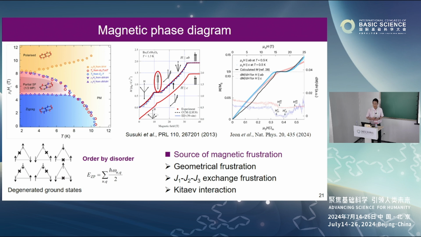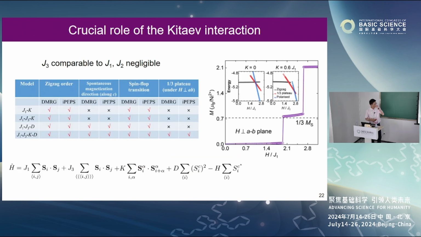And since we did a lot of work on alpha-RuCl3, we are familiar with Kitaev interaction. We know that Kitaev interaction can give you this kind of magnetic fluctuation. So we collaborated with Wei Li from the Institute of Theoretical Physics, and he did quite some calculations.